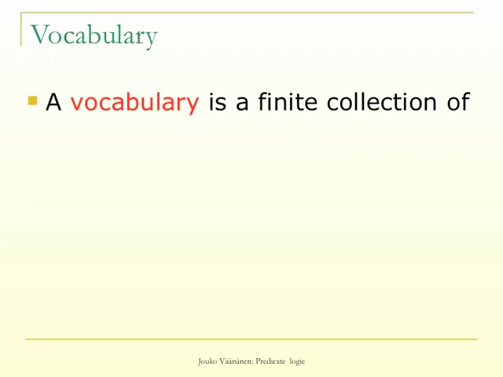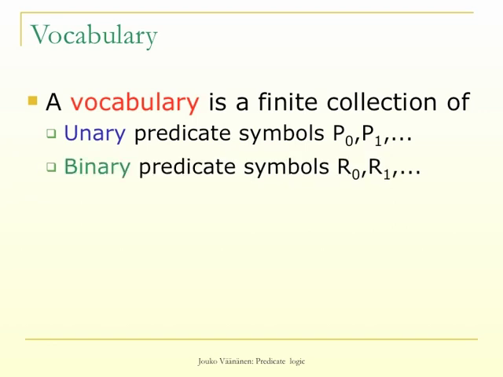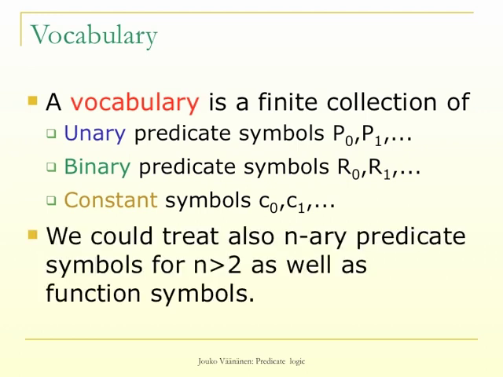A vocabulary is a finite collection of unary predicate symbols, which we denote P0, P1, and so on, binary predicate symbols R0, R1, and so on, and constant symbols C0, C1, and so on. We could treat also n-ary predicate symbols for n greater than 2, as well as function symbols, but we leave these for later.